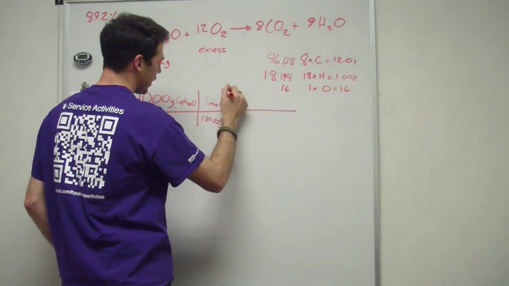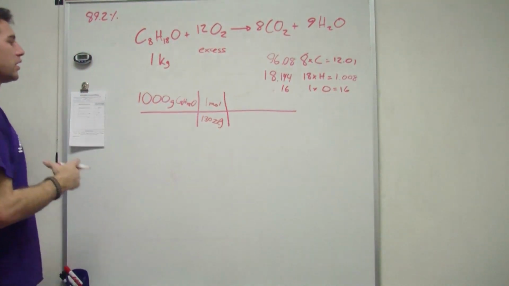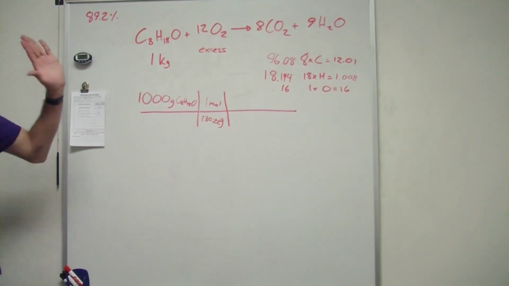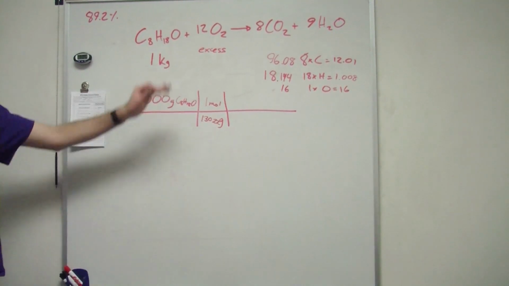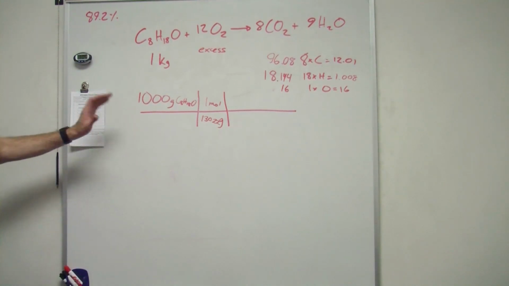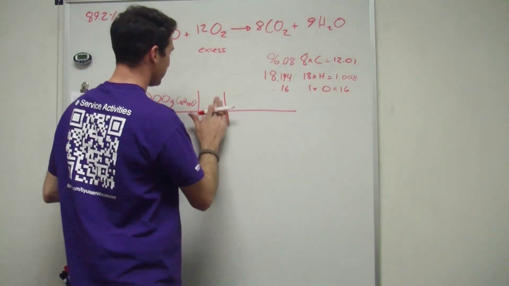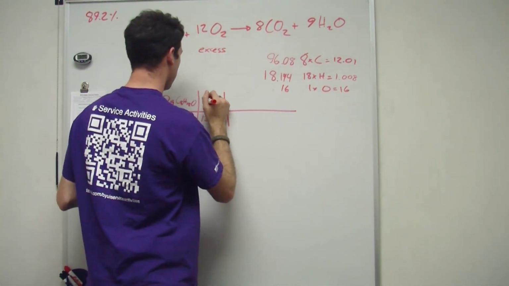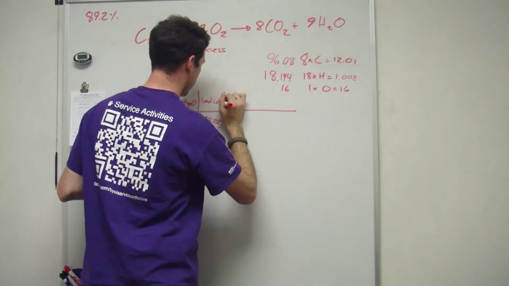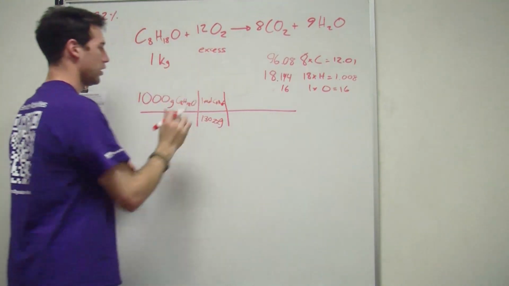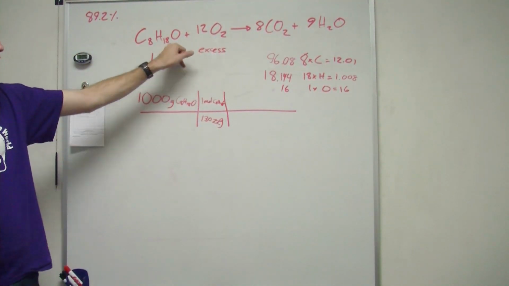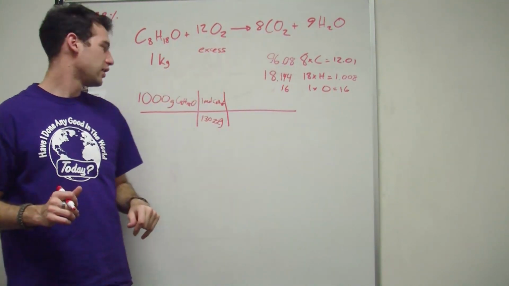Okay, so now what we could actually do is solve it right there, or we can go straight to CO2, because we don't have to worry about a limiting reactant. Let's label this more clearly, 1 mole C8H18O. Because this is 1 mole of that, we can now convert from moles of this to moles of that.